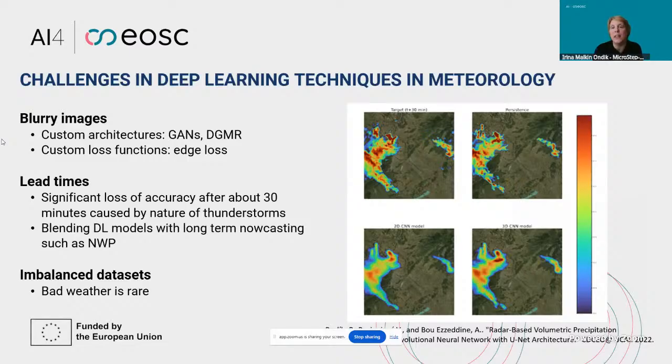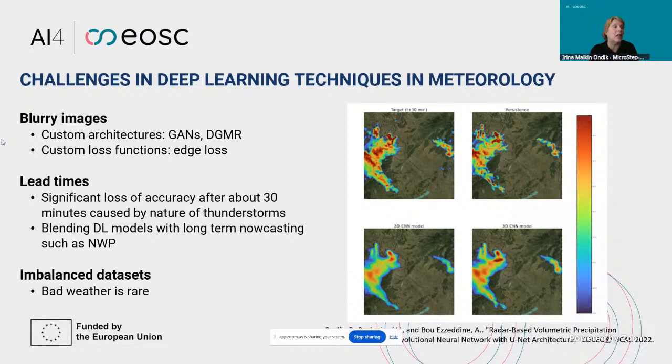As you can see, the target image is in the left corner. Persistence, which is just movement from a time before, is in the upper right corner. And then a not very good prediction is in the first column below.